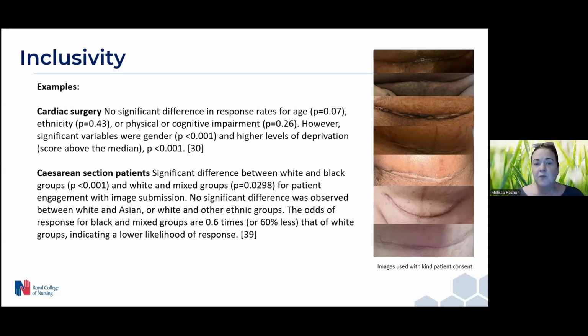In C-section, when we looked, we found that ethnicity was a big driver for differences, that individuals from Black or mixed ethnic groups were 60% less likely to submit compared to their white counterparts.